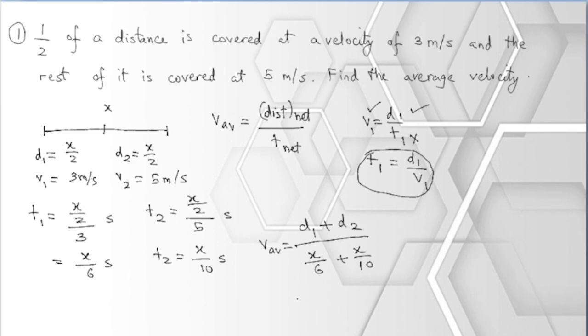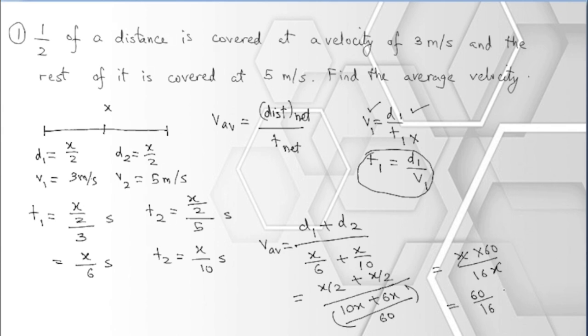So we write x by 2 plus x by 2, divided by 10x plus 6x by 60, or x into 60 by 16x. x cancels, 60 by 16 meters per second, 3.75 meters per second.